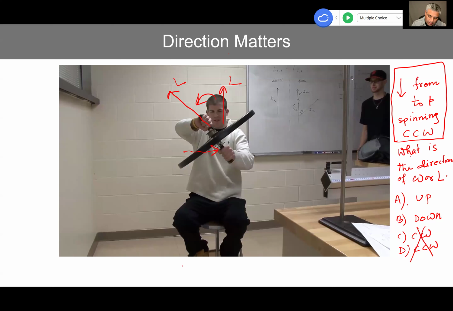So before, all the angular momentum was pointing up. Now it's pointing partly this way as well. Since the angular momentum is conserved, what happens is angular momentum changed, angular velocity changed, which means a torque acts on the system, the person sitting on the chair, and it starts making them rotate.